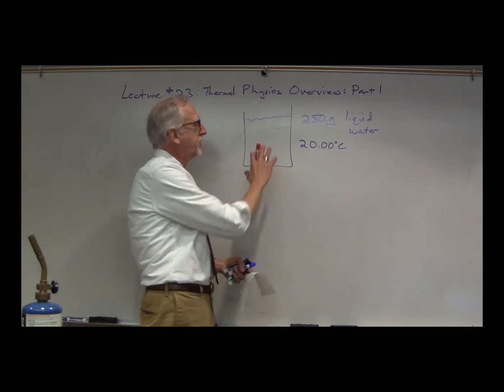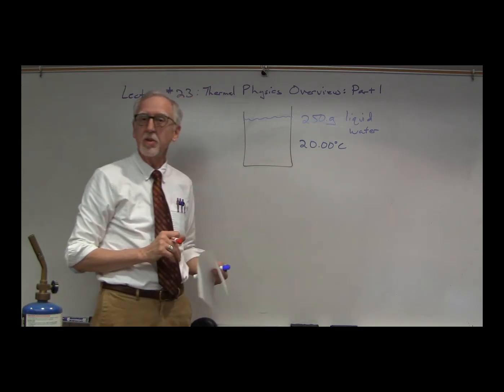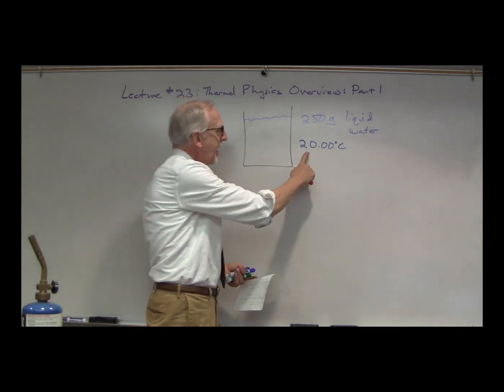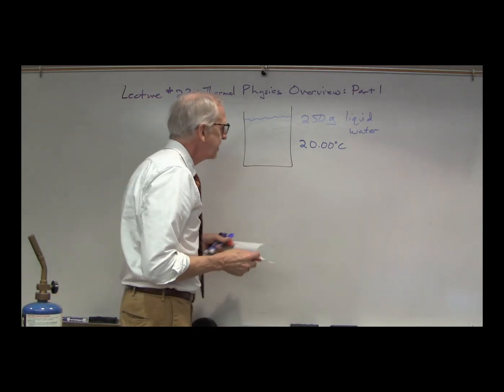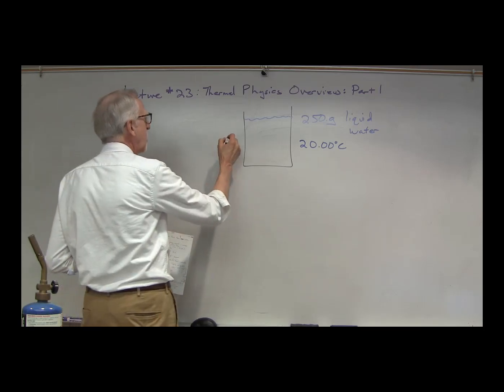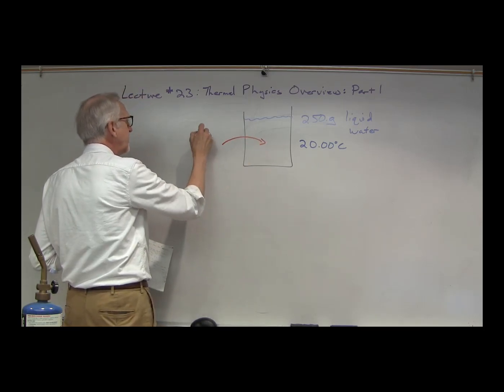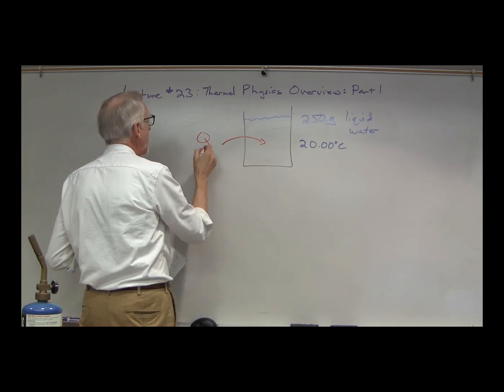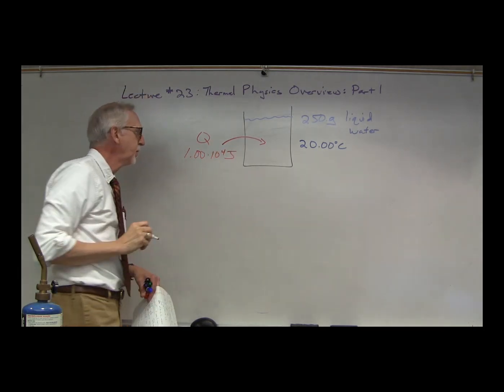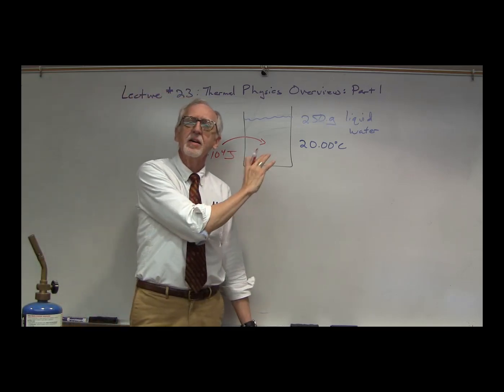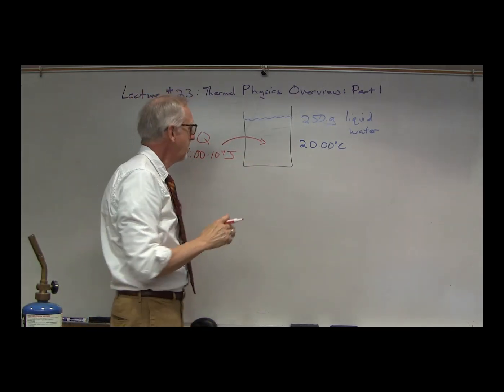Let's imagine that we start with 250 grams of liquid water at 20.00 degrees centigrade. And now let's imagine we add some heat to it. So I'm going to add an amount of heat equal to 1.00 times 10 to the 4th joules. And let's see if we can figure out the final temperature of the water. Well, what do we know?